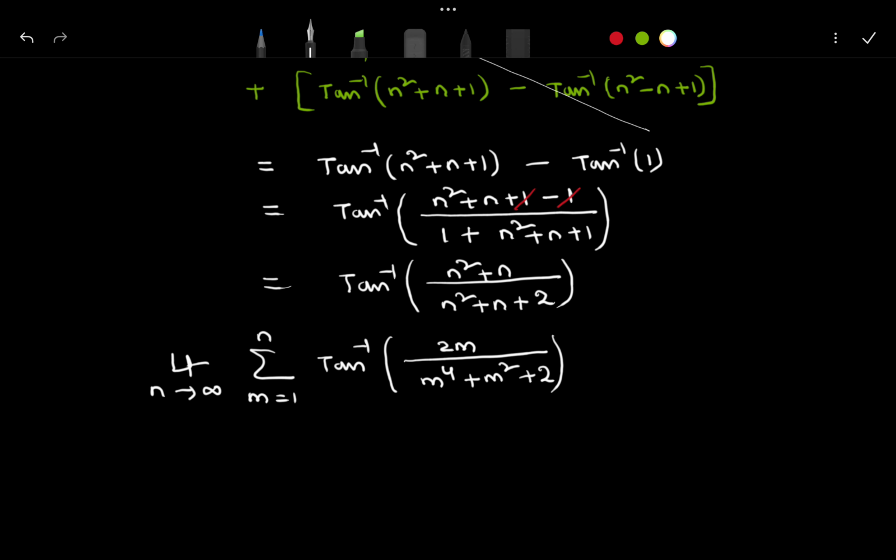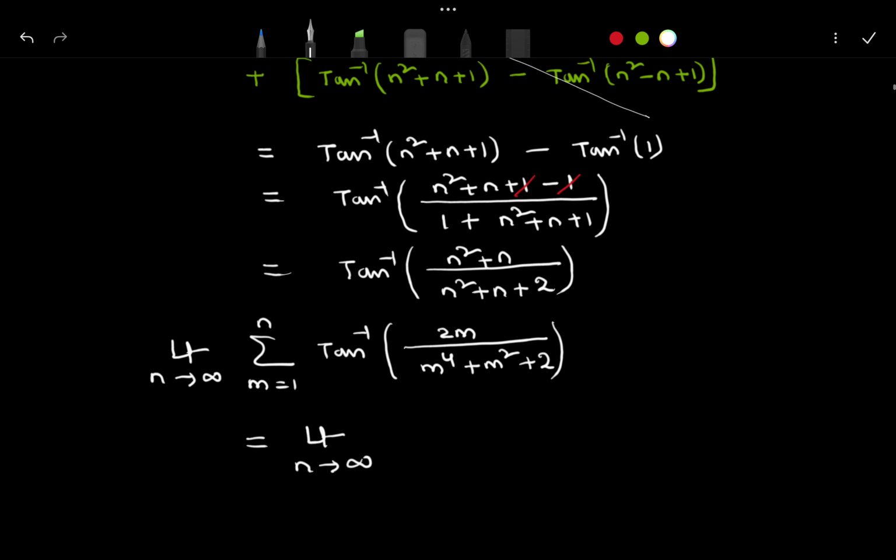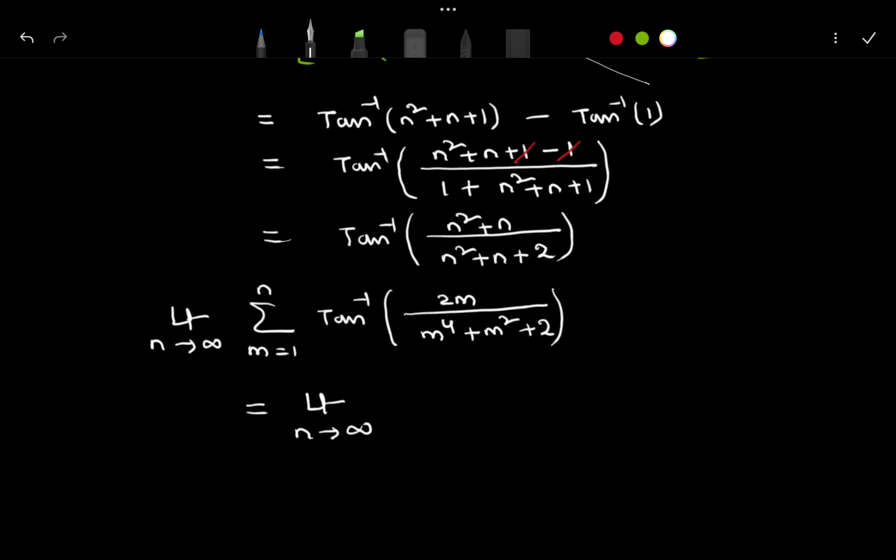What is the value of this? This represents the sum of the infinite terms. Sum of the infinite terms means you can write limit n tends to infinity. So what is the simplified value of sigma m equals 1 to n tan inverse of 2m by m power 4 plus m square plus 2? That result will be this one.